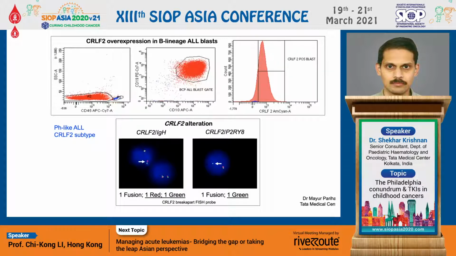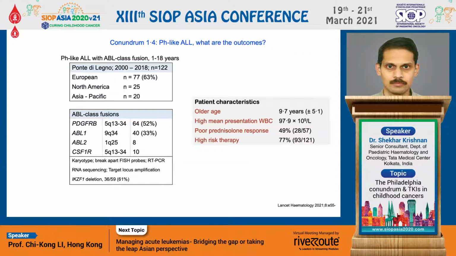Now, I want to go on to the outcomes. Again, I'm trying to emphasize that my bias is focusing on the ABL class fusion Ph-like ALL, because the CRLF2-overexpressed type of entity is a mixed bag, which may contain some Ph-like ALL and some not really. ABL class fusion outcomes have been reported in a wonderful paper, a retrospective analysis by the Ponte di Legno consortium, looking at European, North American, and Asia Pacific groups.